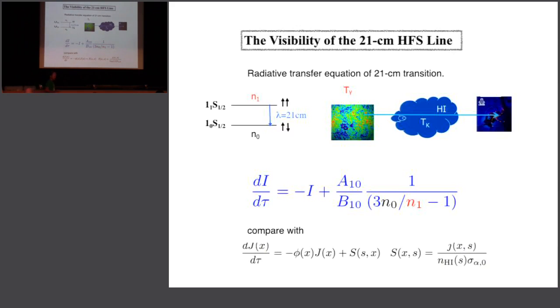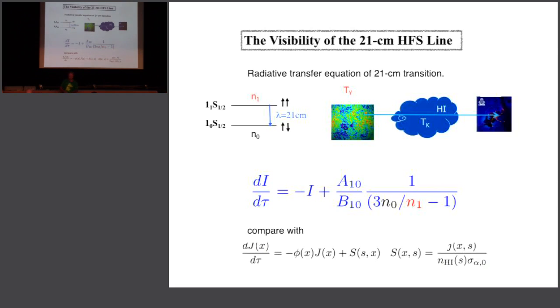It's written in a slightly different form, but it's really the same equation. But what is important about this equation is that the fate of what happens to the intensity of the CMB is set entirely by the number density of atoms in the ground state and the excited state, N0 and N1. And that makes sense.